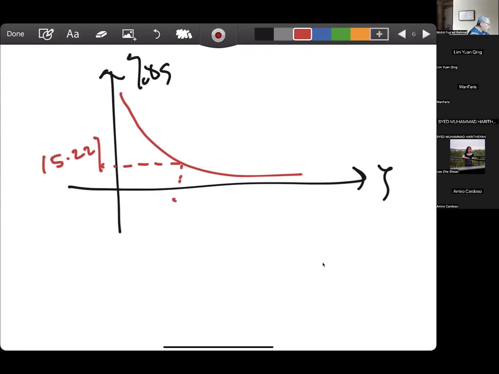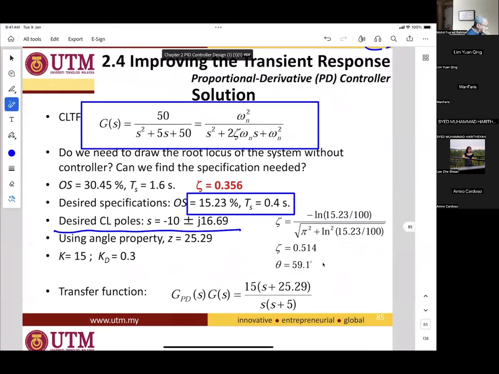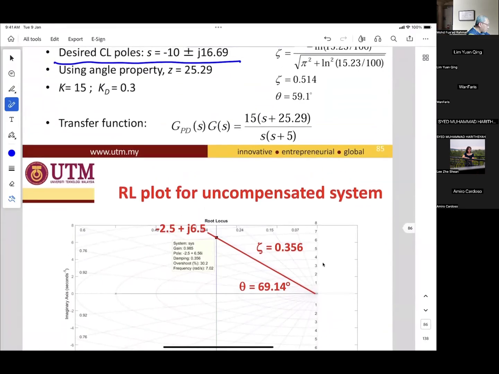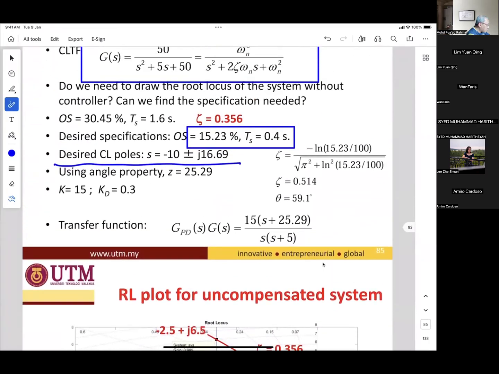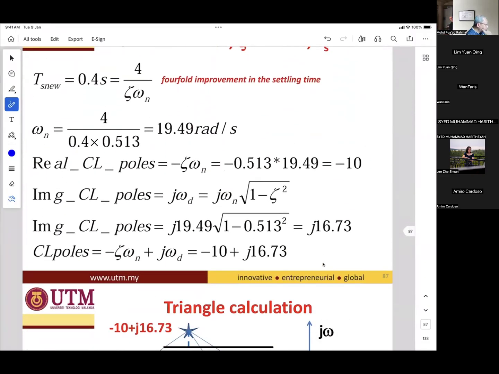So you will get the new zeta. Okay, can you check what is the value of zeta? There you go. Okay, this one is 10.